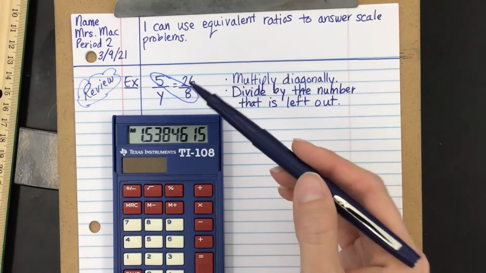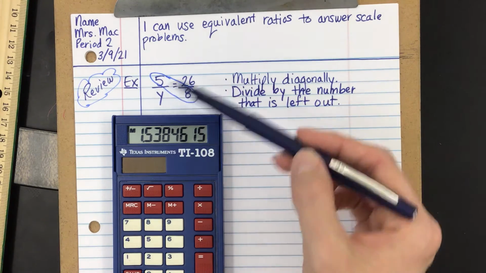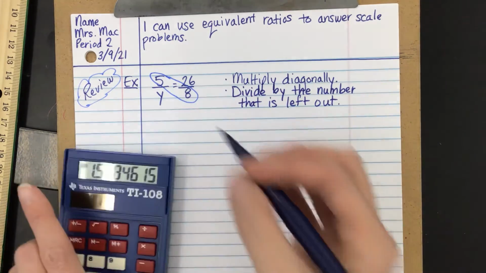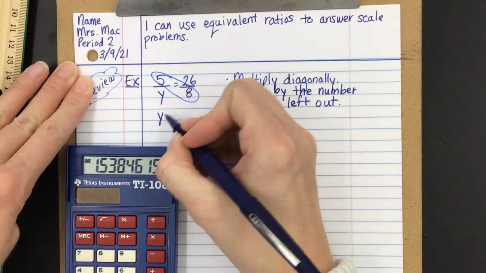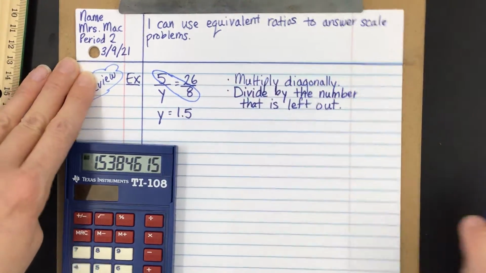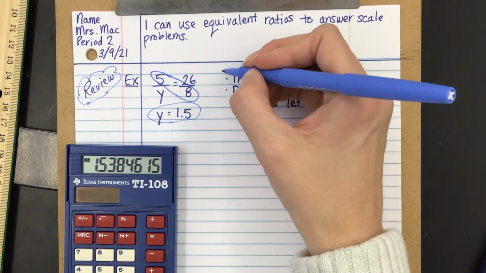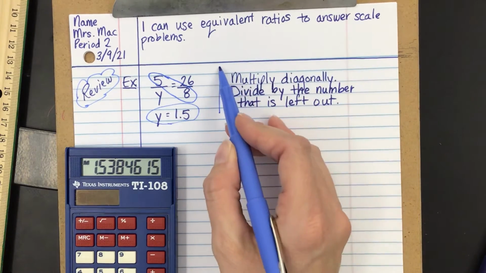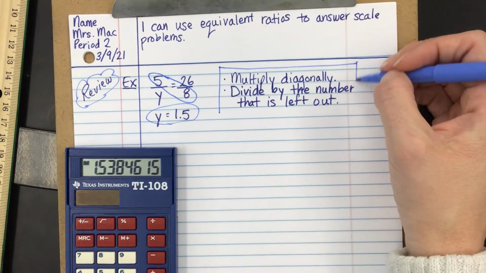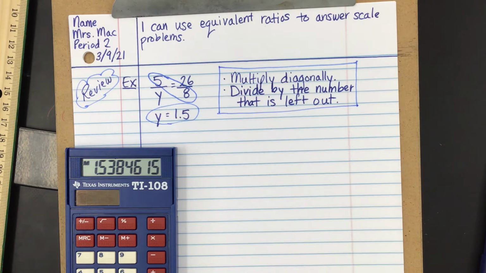Okay, so in this case, that left out number was 26. So we multiplied diagonally, we divided by 26, and we found that y is equal to 1.3. Okay. Such a quick, effective method for solving ratio problems, okay?